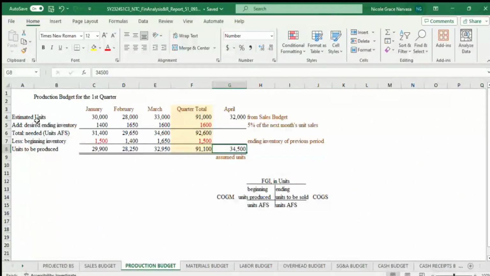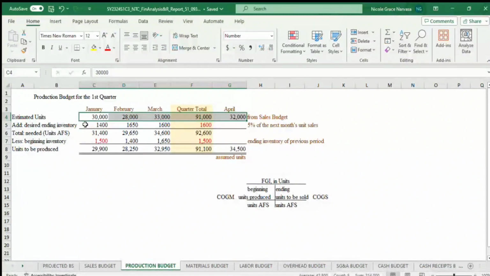So the estimated units for January to April are 30,000, 28,000, 33,000, and 32,000 respectively, with a quarter total of 91,000, and all of that is from the sales budget that was tackled earlier. So we are going to add a desired ending inventory.